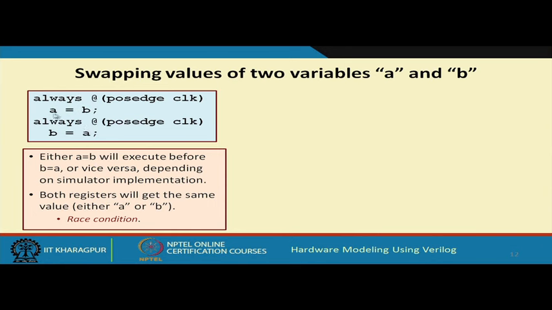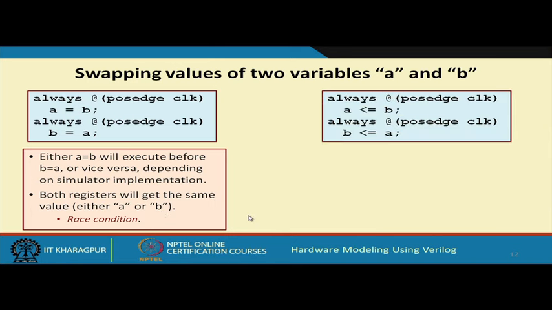It depends on how the simulator schedules the execution of these two operations, and this is called a race condition. Depending on the relative order of execution, the final result can be either A or it can be B.